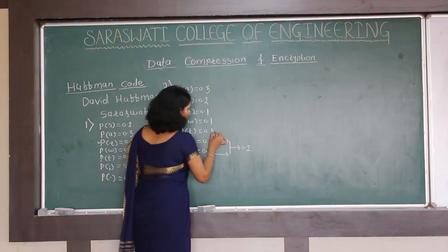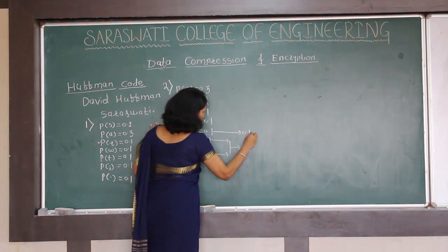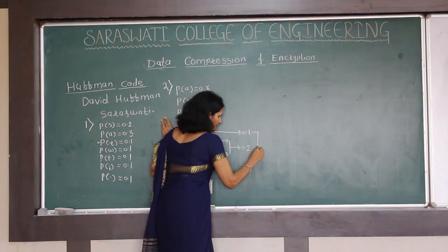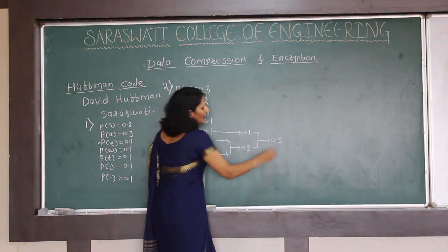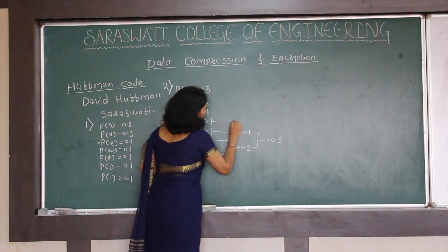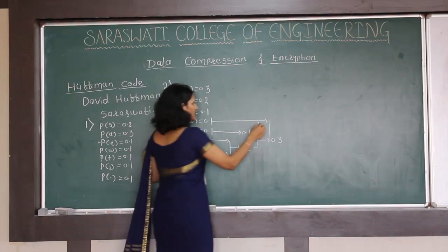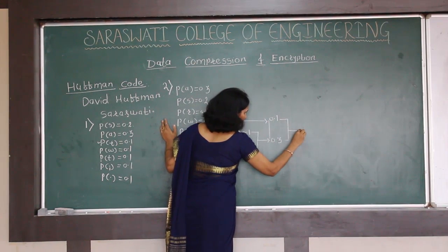That means this 0.2 added with 0.1 is 0.3. Then add this 0.3 with the upper probability, that is 0.1. Here 0.3 plus 0.1 is 0.4.